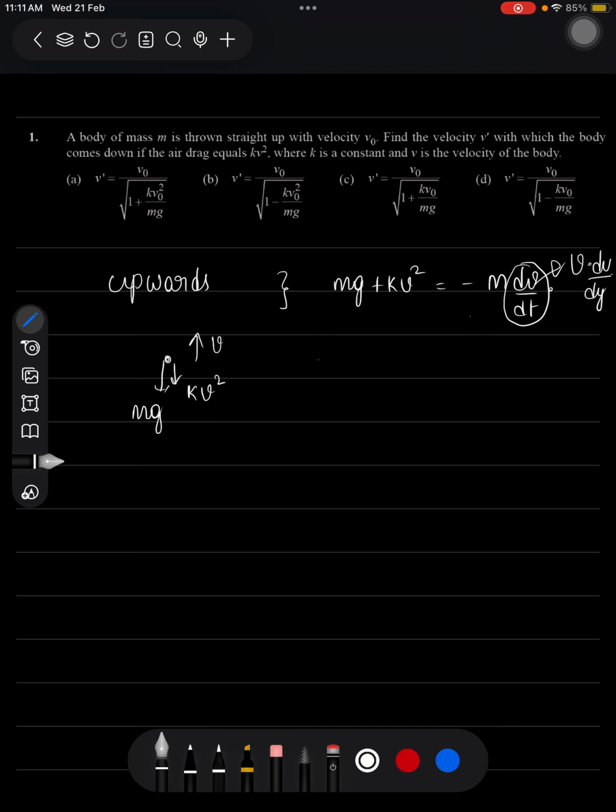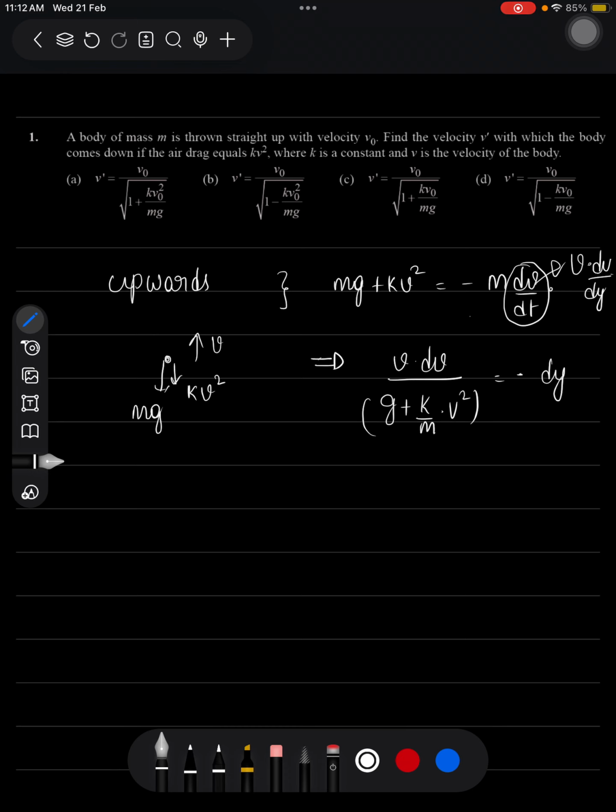So the same equation can be rearranged as v dv divided by (g + (k/m)v²), cancelling out m from the denominator, and on the other side I am going with the y variable, -dy.